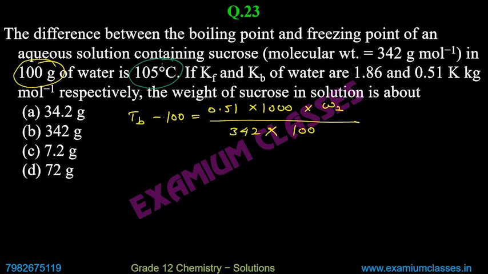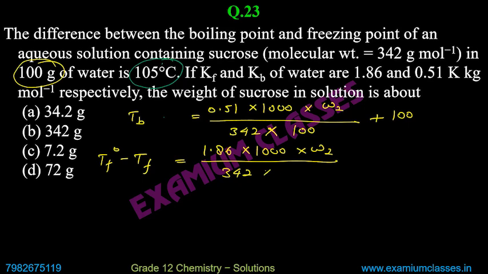So TB will be this, 100 you move to here. And similarly for TF, this is freezing point depression. So TF naught minus TF will be Kf into 1000 into W2 divided by M into W1.